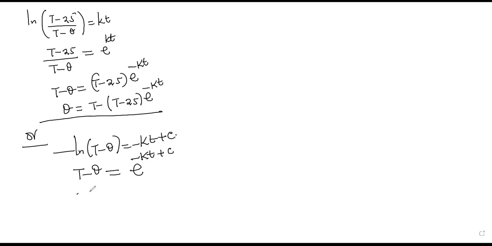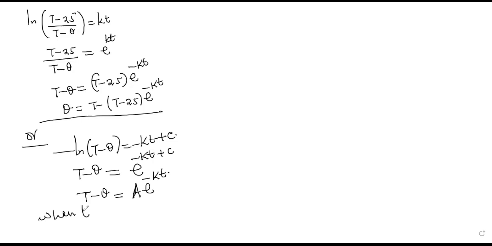So in this case, T minus theta is equal to e to the power negative kt times e to the power c, whereby e to the power c I can call A. All right, so in this case, we shall have A e to the power negative kt.